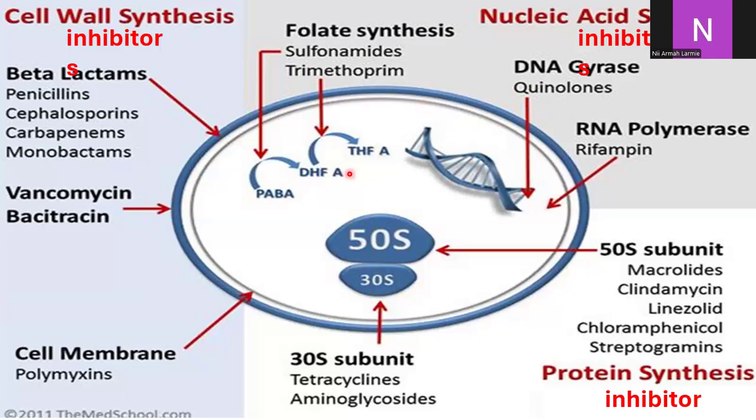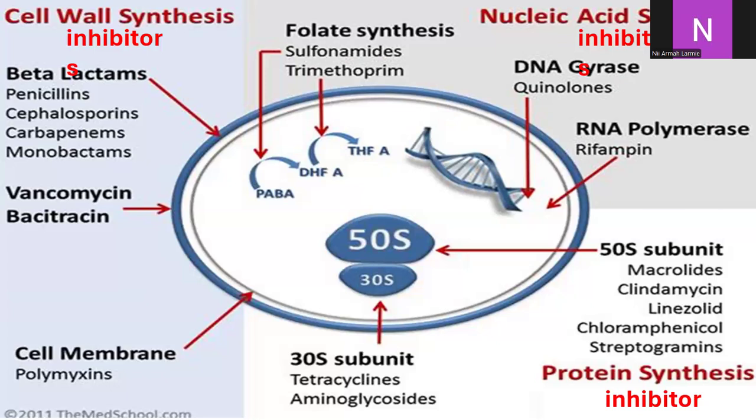And therefore, without the tetrahydrofolate, the DNA that is formed is faulty. So it's indirect, not direct on the DNA, but in both instances, folate and direct DNA synthesis inhibitors are all nucleic acid synthesis inhibitors. So now these are the general ways by which our antibiotics work.